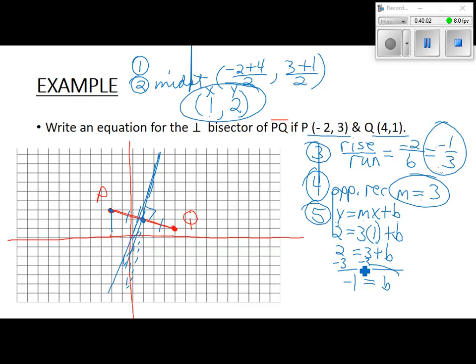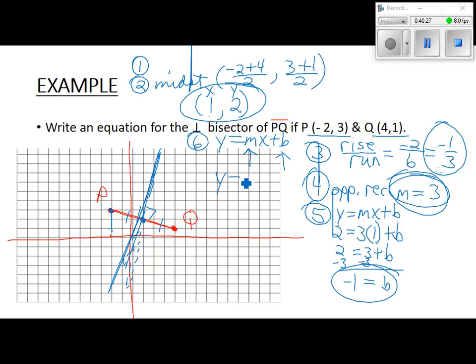So we now know what the y-intercept of this blue line is, and we know what the slope of that blue line is. So our sixth step is just to write the equation in y equals mx plus b form. And all we're going to do this time is replace the m and replace the b. The y and the x stay as variables.